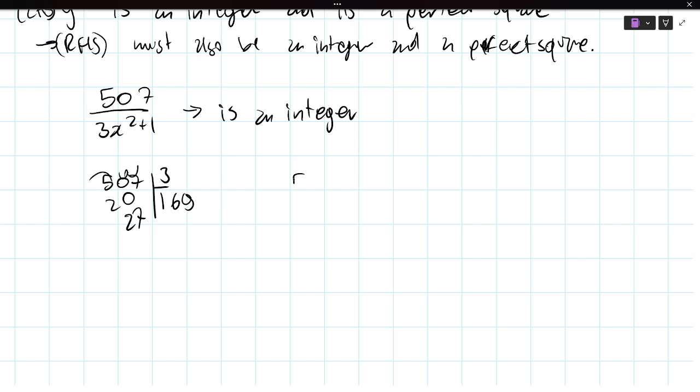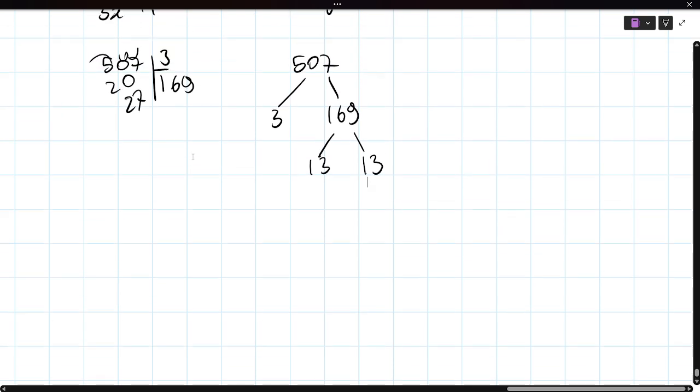Nice. So 507 is divisible by 3 and 169, and therefore 169 is divisible by 13. It's actually 13 squared. So we have the following.